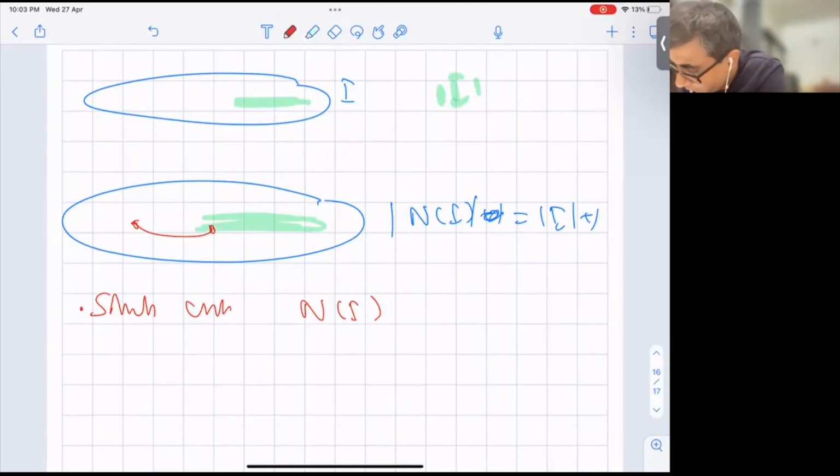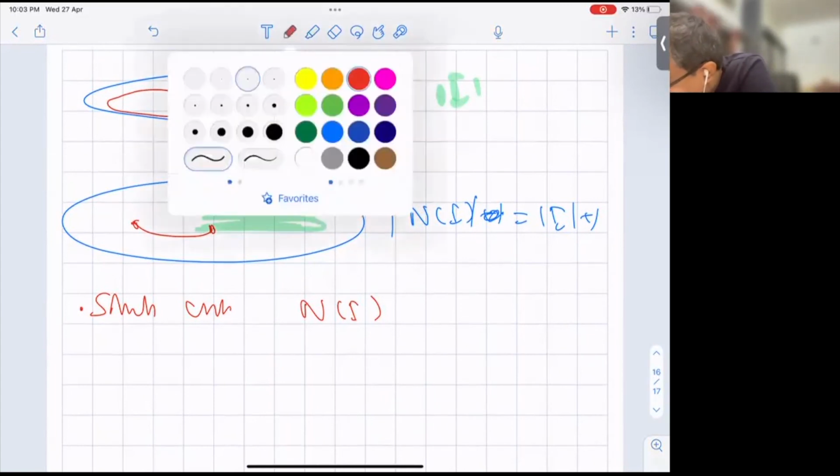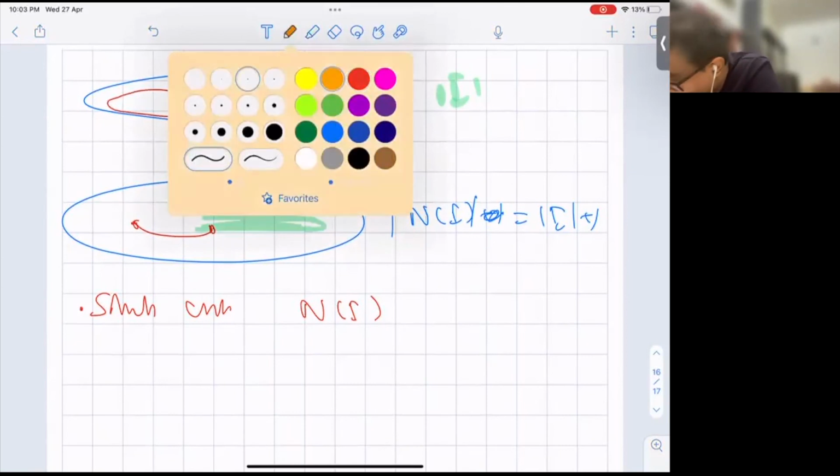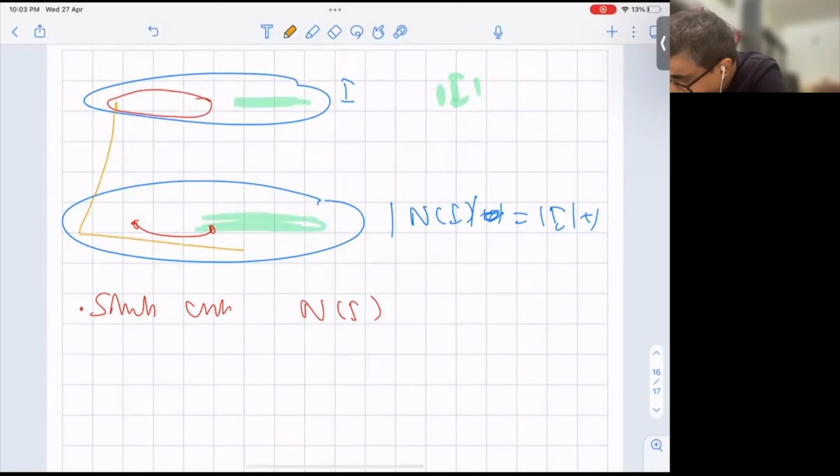Now, these are the vertices which you did not pick. Am I right? These are the vertices you did not pick. You have to pick all its neighbors, no? Do you agree to that? You have to pick all its neighbors. Okay. So, how many vertices did you pick? If you picked up these vertices, how many did you pick?